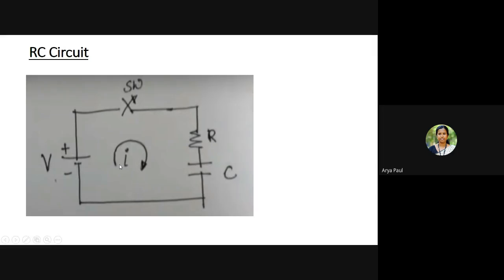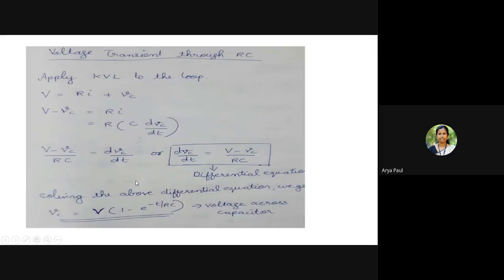The current will decrease, because as the voltage across the capacitor increases, the current automatically decreases. I hope this is clear.